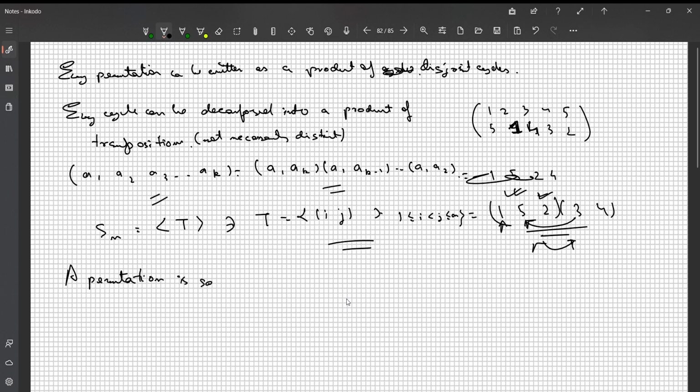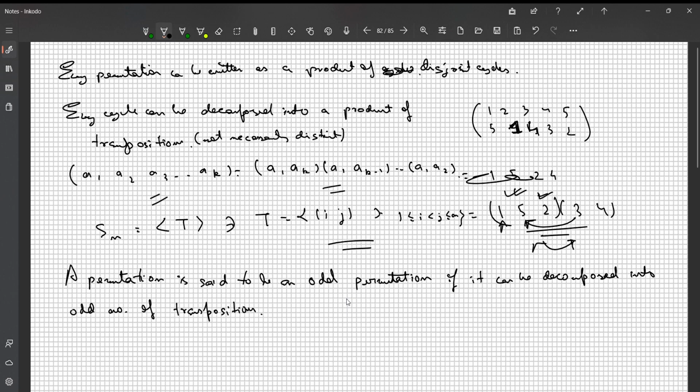Now we have a very important concept related to two cycles. Let me just give a brief introduction to it. A permutation is said to be an odd permutation if it can be decomposed into an odd number of transpositions.